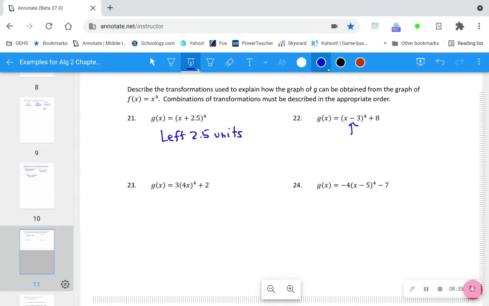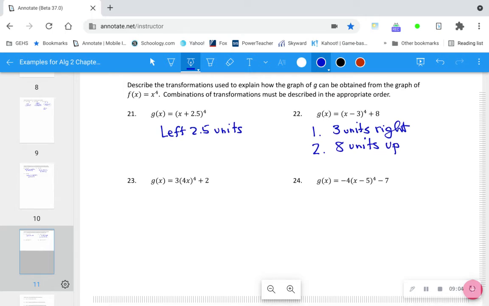Minus goes right, and you do that inside the stuff first because parentheses are done first in our order of operations. And that goes 3 units to the right. And then second is this plus 8 tacked on the end, and that'll move it 8 units up. And it's supposed to happen in that order.